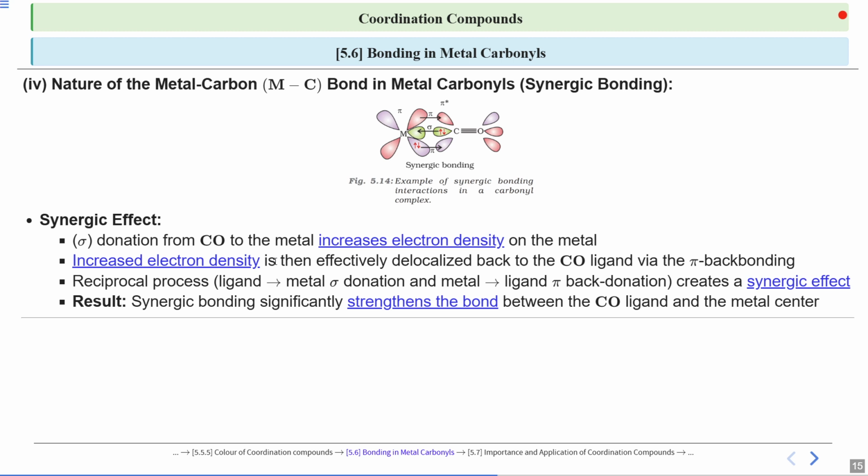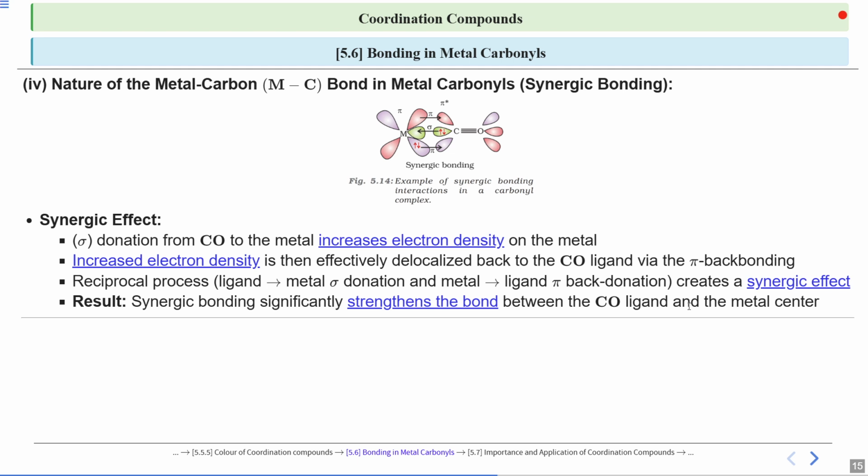So the result of this is that synergic bonding significantly strengthens the bond between the carbonyl ligand and the metal center. The synergic effect happening between the carbonyl ligand and the metal strengthens the bond, so the complex is going to be stronger and more stable.